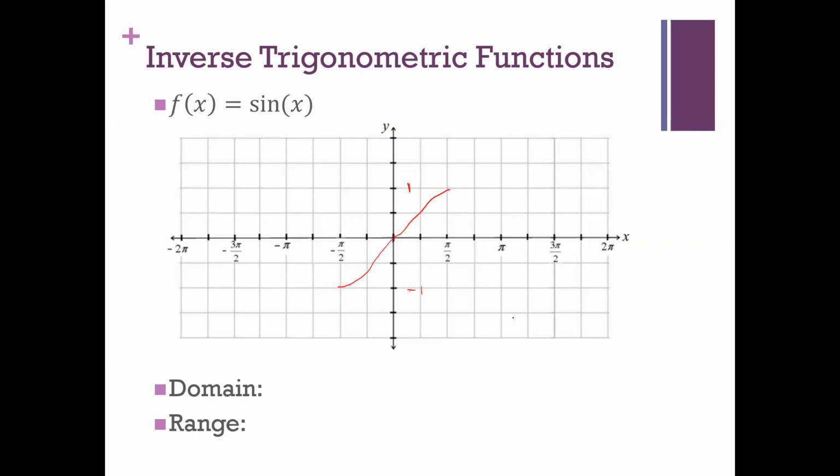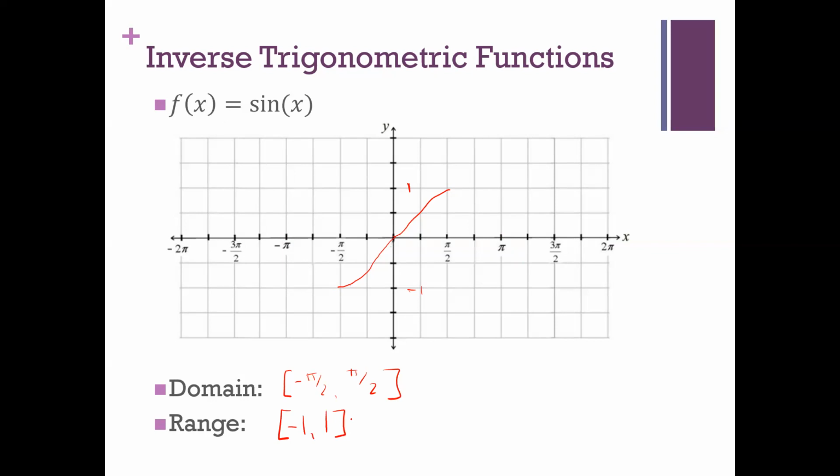You absolutely could define it as from pi over 2 through 3 pi over 2, but you'd kind of be the odd person out from the way these things are defined. So we are going to define our new sine function like this. It has a domain of negative pi over 2 to pi over 2, and it has a range of what? Negative 1 to 1.